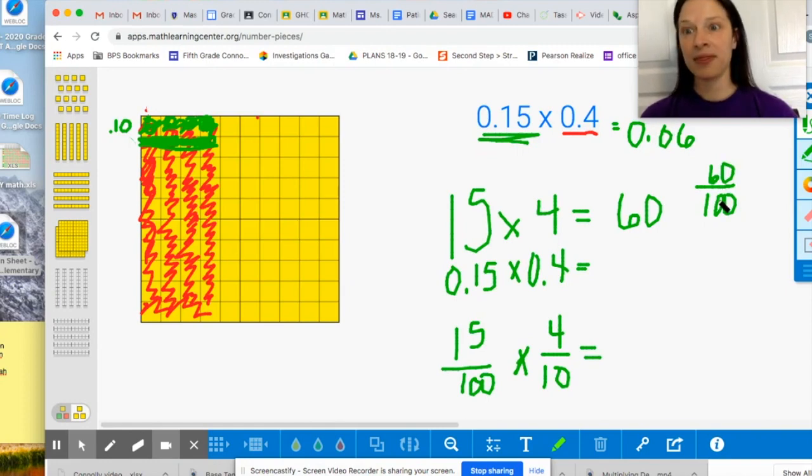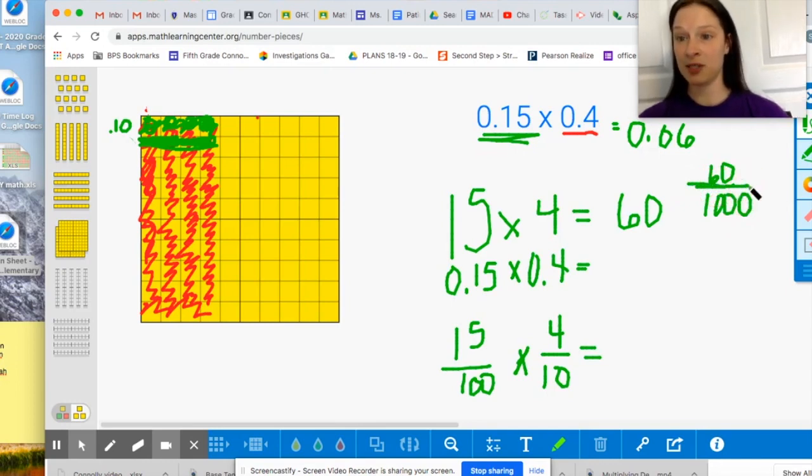Okay, but then this factor also got 10 times smaller. So my product actually has to get another 10 times smaller. So it got 10 times smaller, 100 times smaller, and then I had to make it 10 times smaller again. So it got 1,000 times smaller altogether.